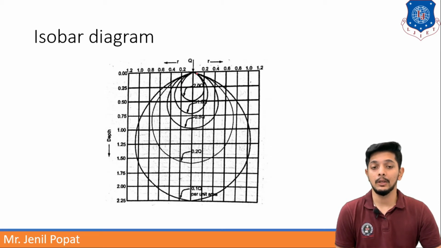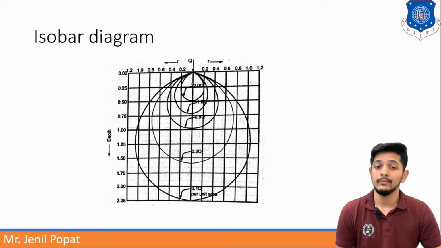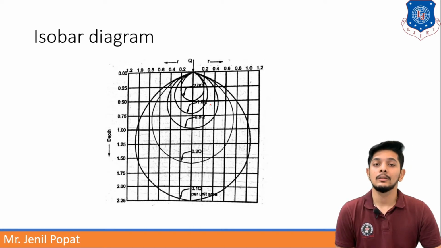Inside the pressure bulb there is a greater amount of vertical pressure, and outside the pressure bulb there is a lesser amount of vertical pressure. So we can conclude that the isobar diagram, or pressure bulb, shows a decreasing value of stress from inside to outside, because the inside values are greater than the outside values.